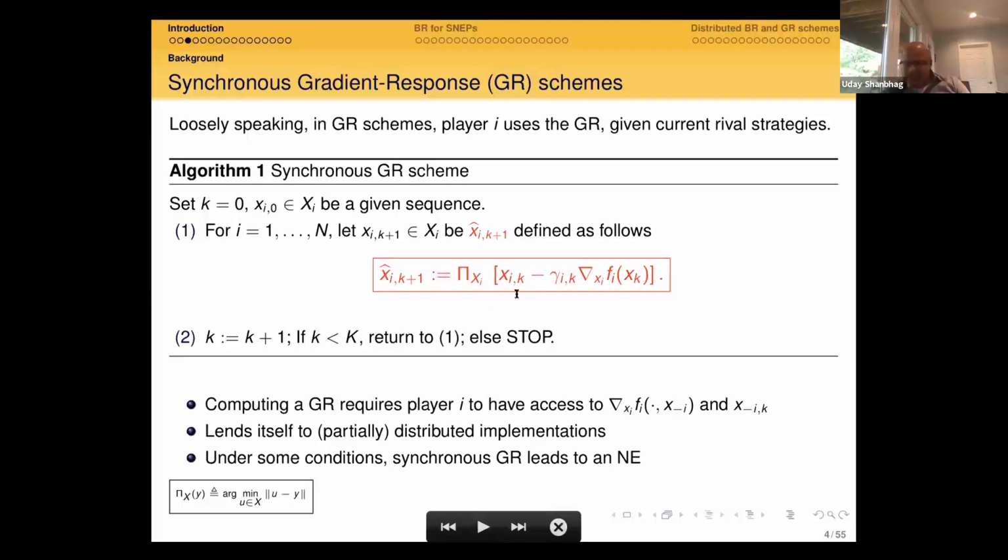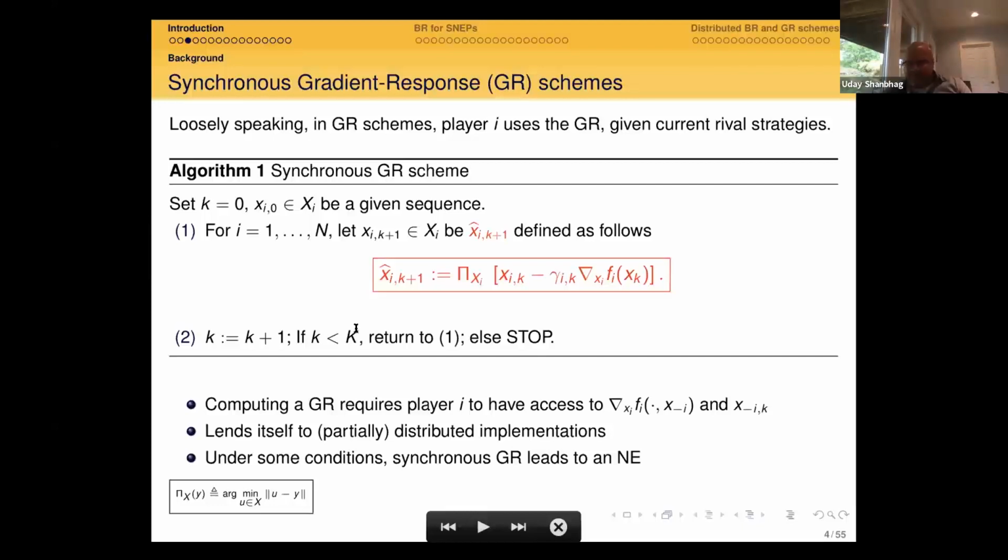It takes its current strategy and moves along the negative gradient by a suitable step length gamma sub ik. This notation is meant to show that each player can choose her own step length sequence, and this step length sequence could be either diminishing or constant, based on whether gamma sub ik is equal to some gamma sub i. And you run this for capital K steps.